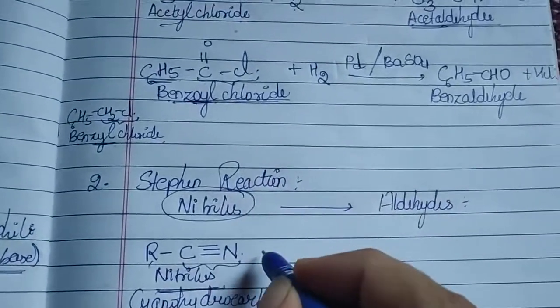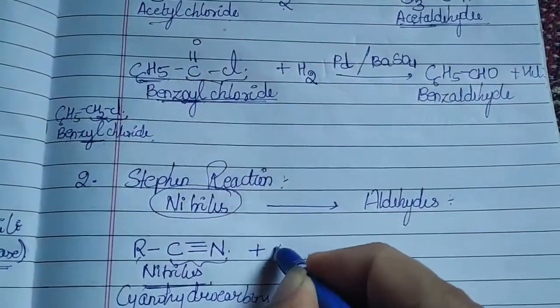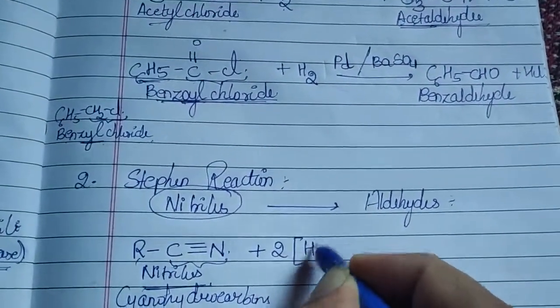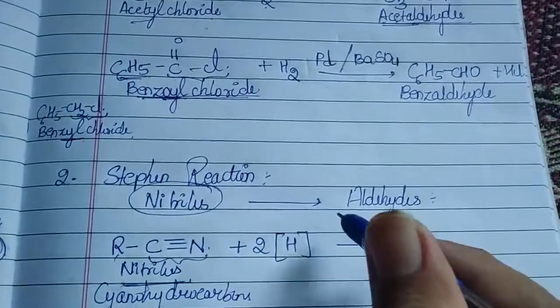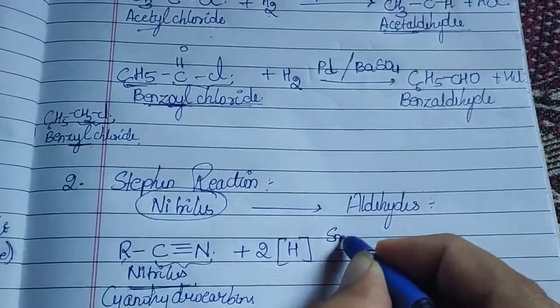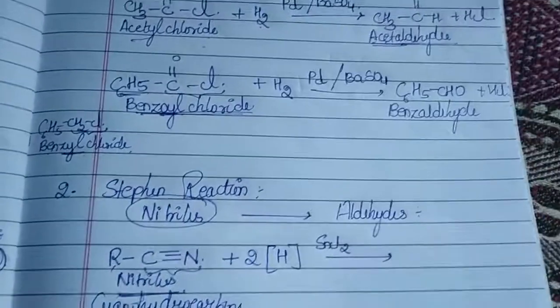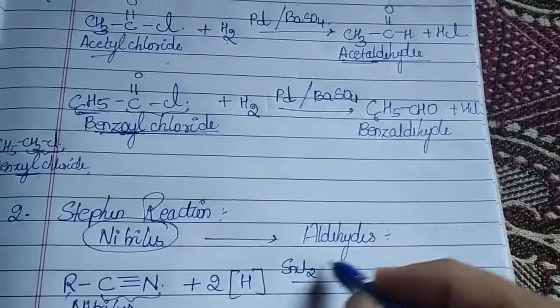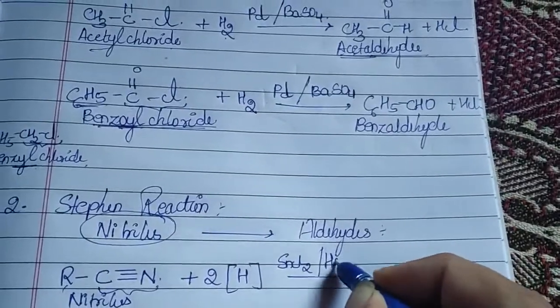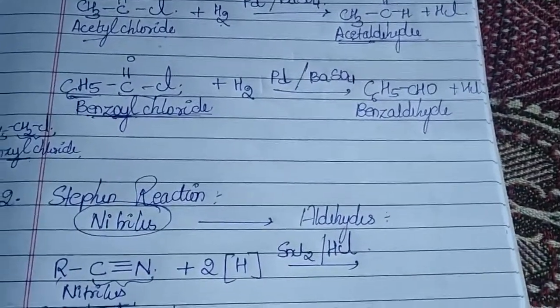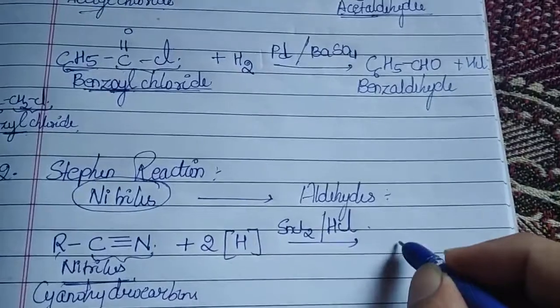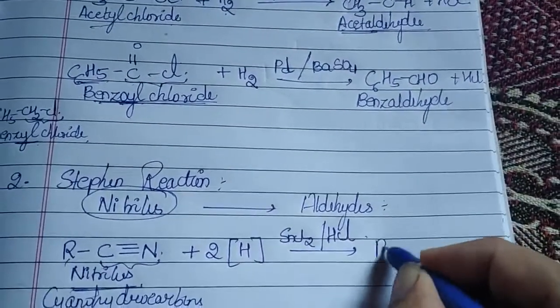So when these nitriles are reduced in the presence of stannous chloride, mark my words, I'm not saying stannic, it is stannous chloride, in the presence of hydrochloric acid, remember, first it gets converted to an imine group. What is that imine?